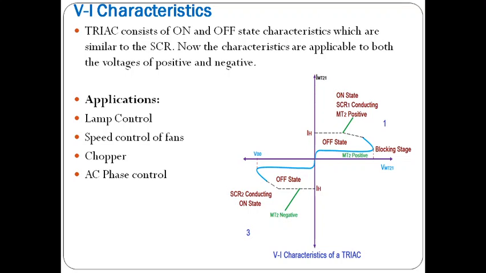That may be lamp control or speed control of fans or AC motors or chopper circuits or AC phase controls. Or we can use this triac in liquid level control, temperature control, so any kind of controlling circuits. Yes, this is about the triac.